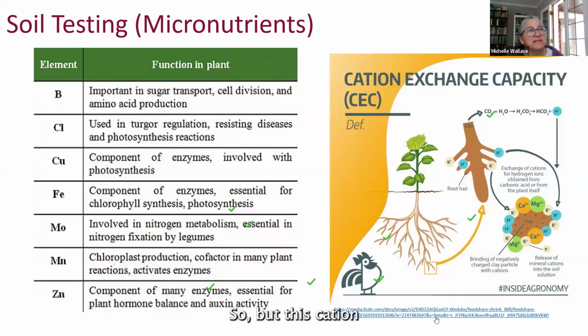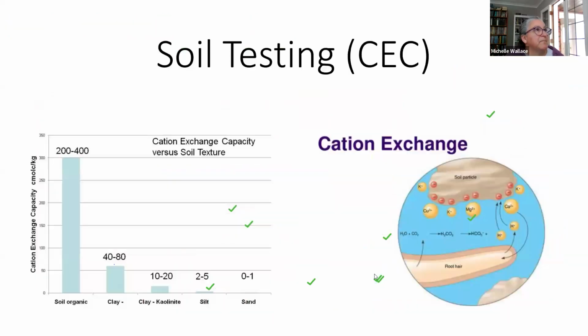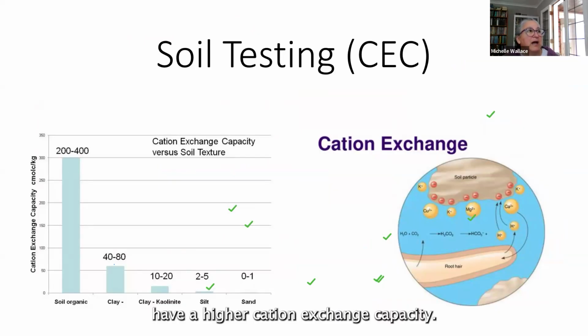But with this cation exchange capacity, these cations become available when water enters the soil solution. And you can see that certain soils have a higher cation exchange capacity. So soils that are high in organic matter have a lot more cation exchange capacity than the other soils.